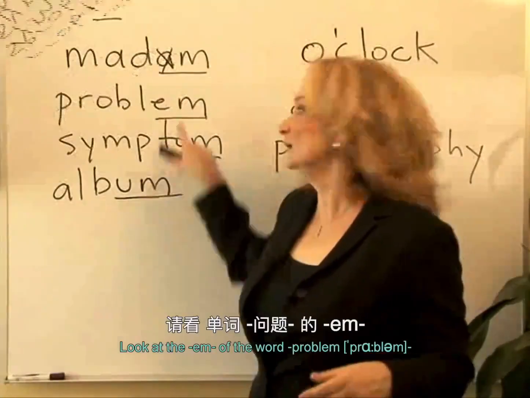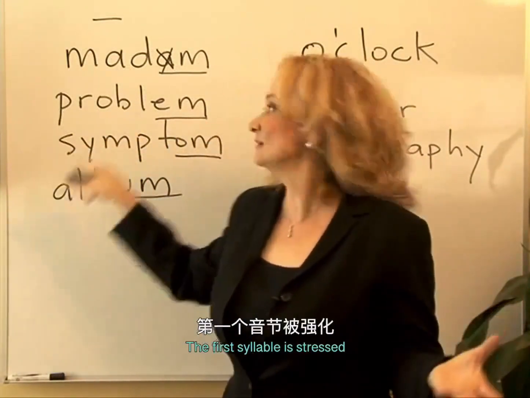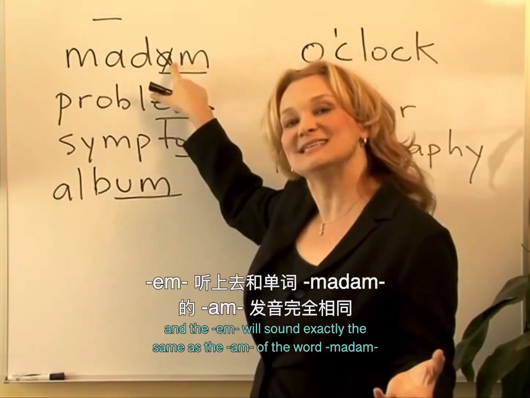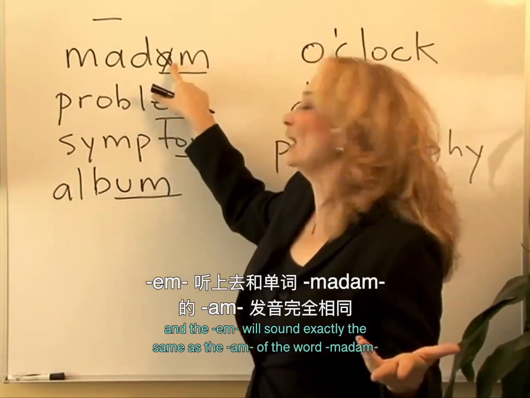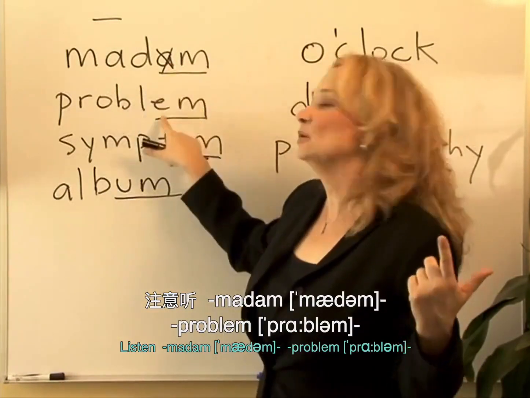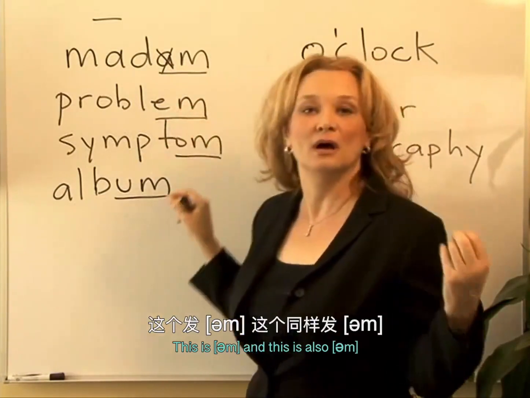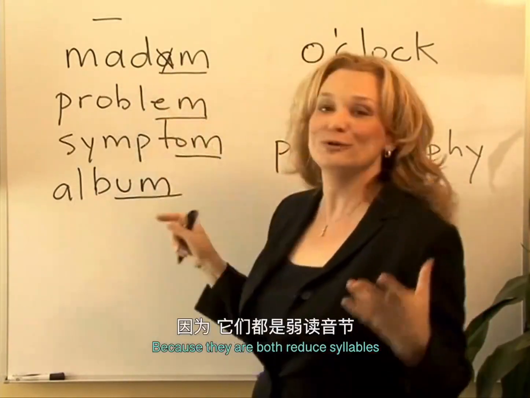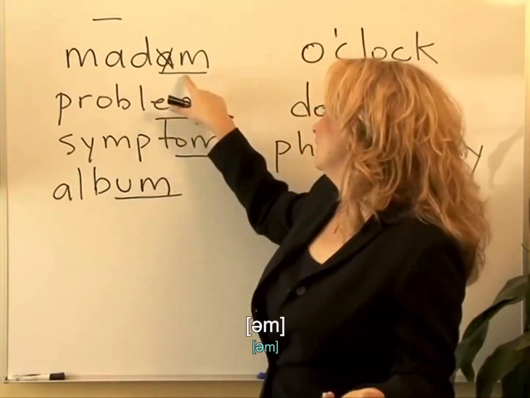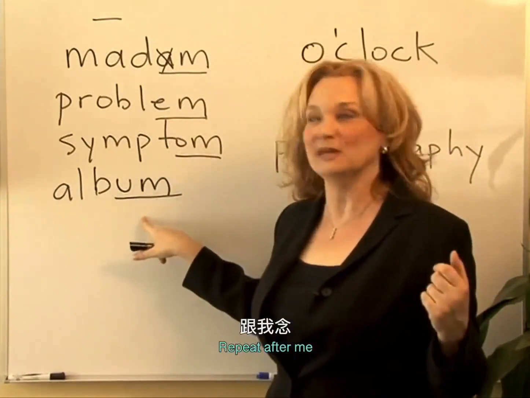Madam. Look at the EM of the word problem. The first syllable is stressed, and the EM will sound exactly the same as the AM of the word madam. Listen, madam, problem. They sound the same because they're both reduced syllables. Repeat after me.